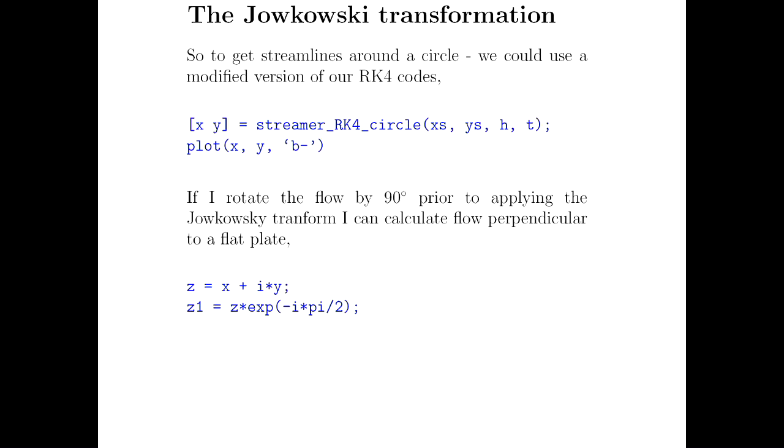Next, after applying a rotation, I can apply another transformation. Now I want to apply the Joukowsky transformation so that I can get a flow over a perpendicular plate. So here I've applied the Joukowsky transformation on Z1, not on Z, but on Z1, which is the field which we have already rotated.